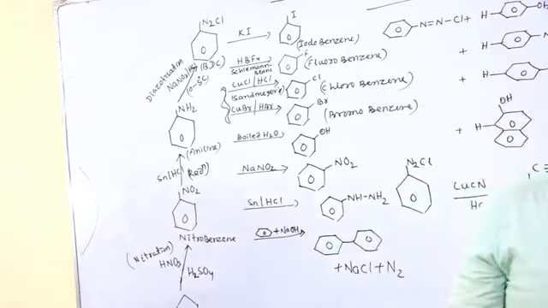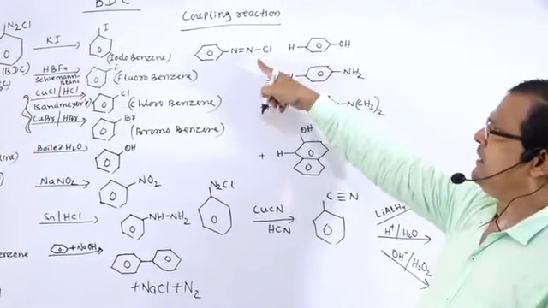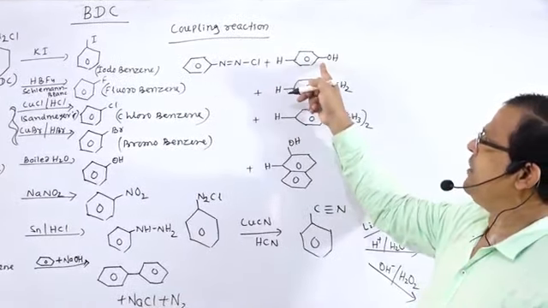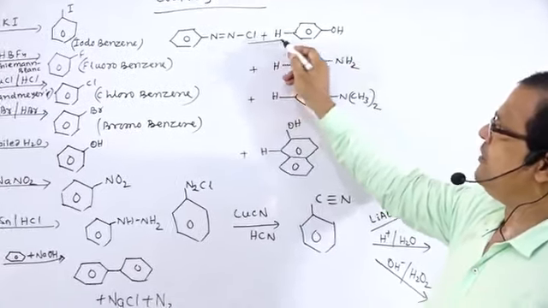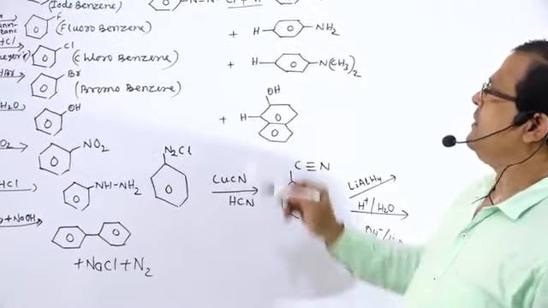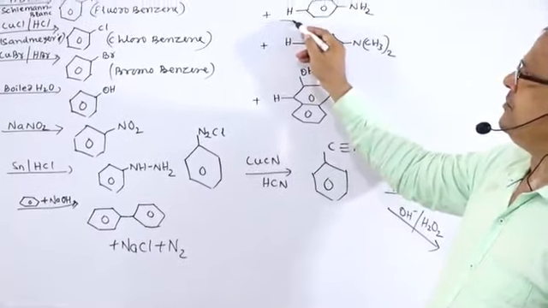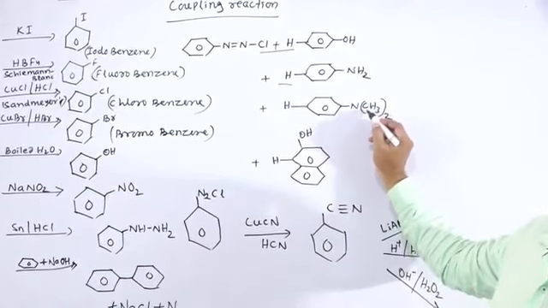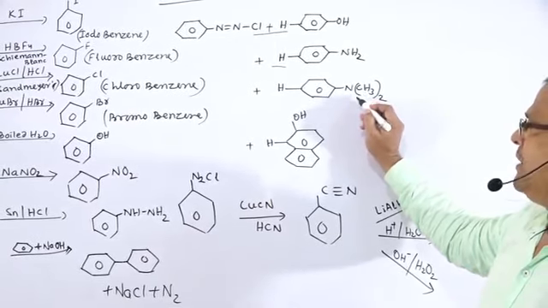Next we will discuss the coupling reaction. What is the coupling reaction? That is BDC, benzene diazonium chloride, reacted with phenol. H and Cl are removed in the form of HCl. BDC reacted with aniline. BDC reacted with N,N-dimethylaniline.